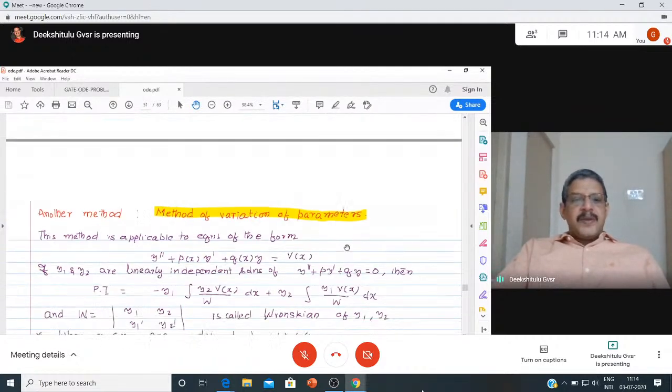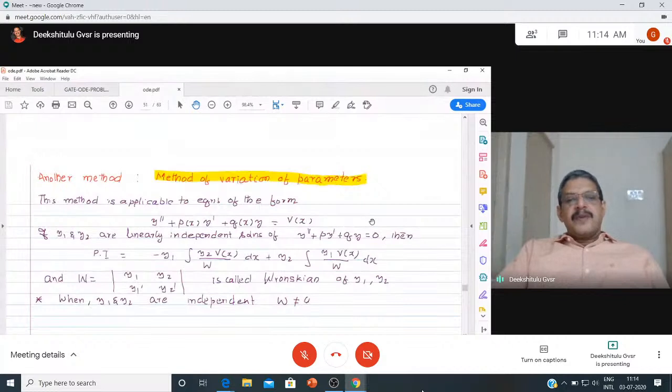Another general method that we have is the method of variation of parameters. This is a very powerful method. This method is applicable to equations of the form y double dash plus p of x y dash plus q of x y is equal to v of x.